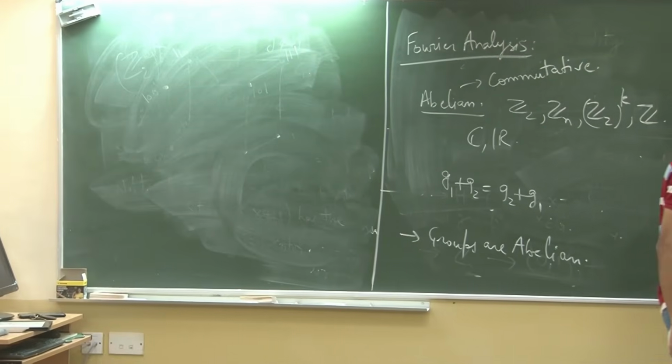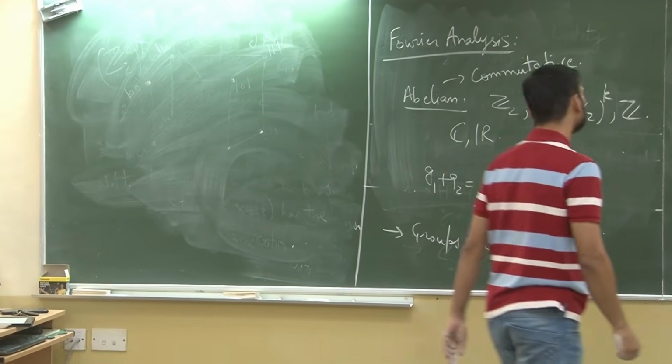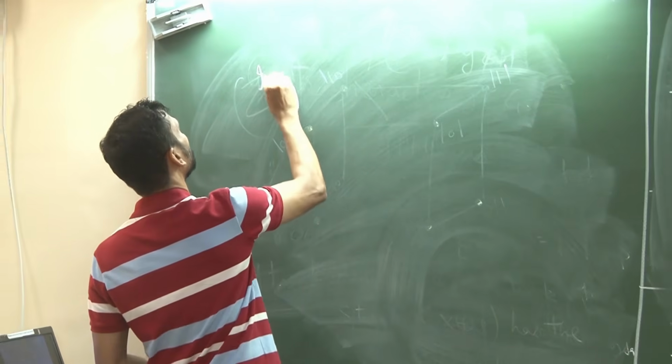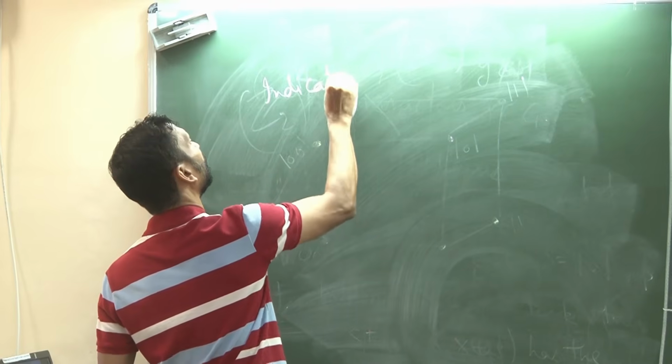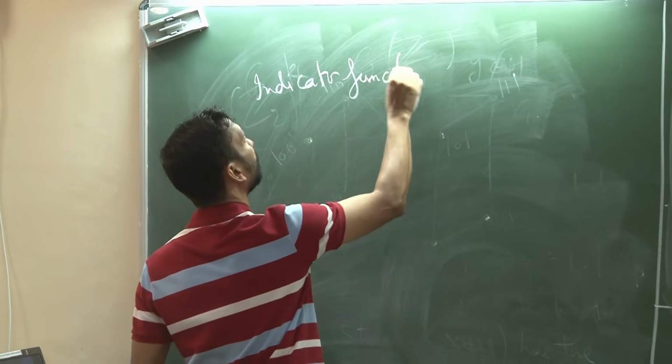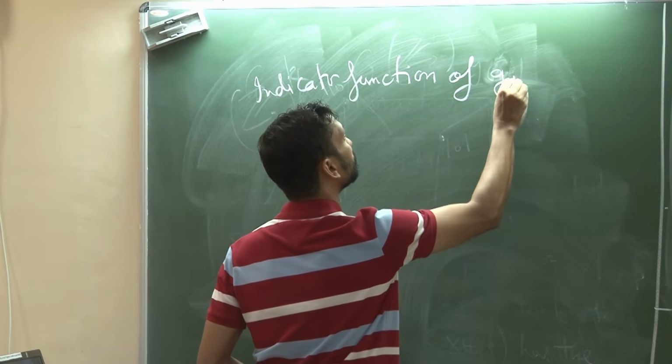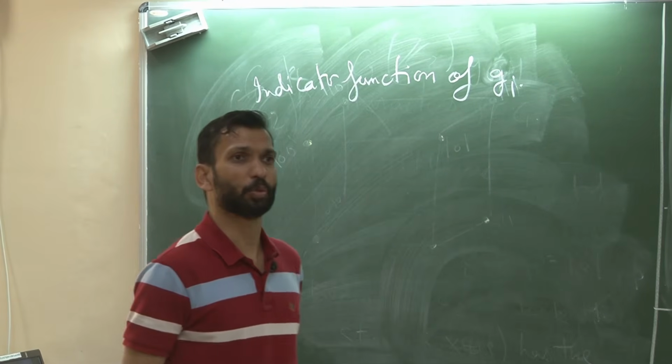But if you notice here, what should be the representation of the indicator function of an element of the group?